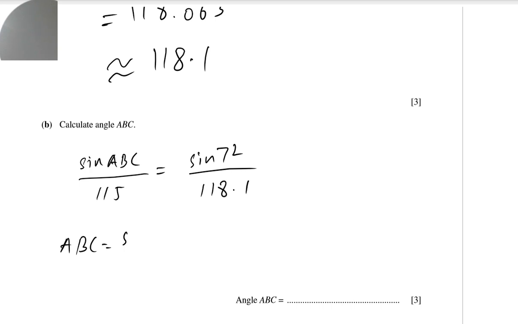Your ABC would be sine inverse of 115 sine 72 over 118.1. First of all, select sine inverse, then select fraction 115 sine 72, close the bracket, in the denominator 118.1. The answer is 67.8.